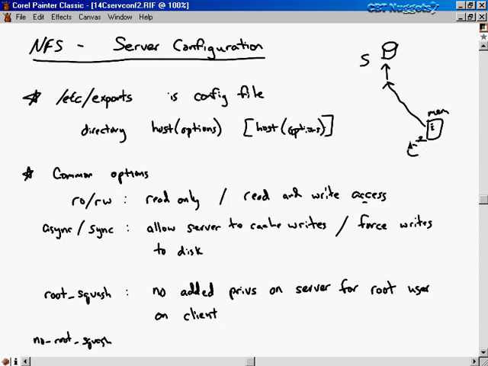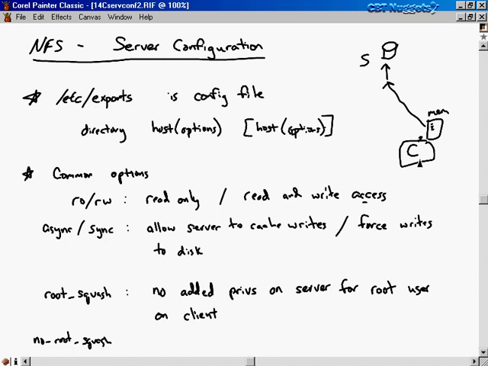So out here on the client machine, I'm the root user, and I mount this particular directory remotely from the server machine. That does not give me root access to that directory on the server machine. I only have root access to my local directories. I do not get root access automatically to the directories that I mount via NFS.